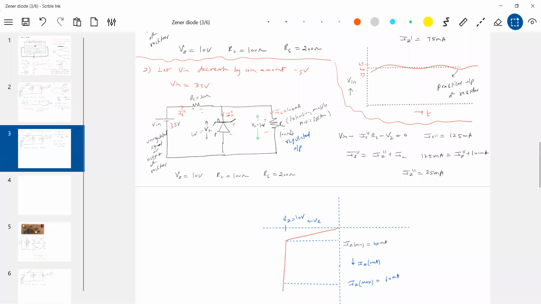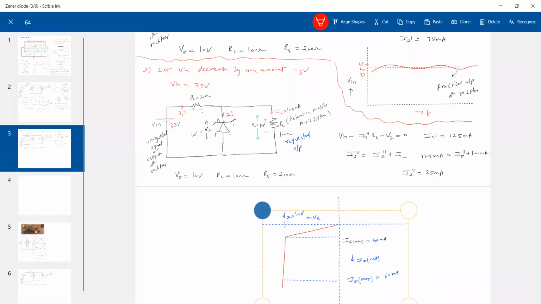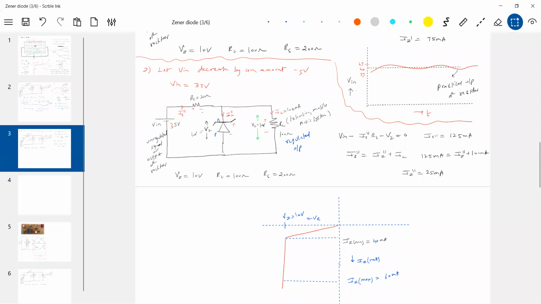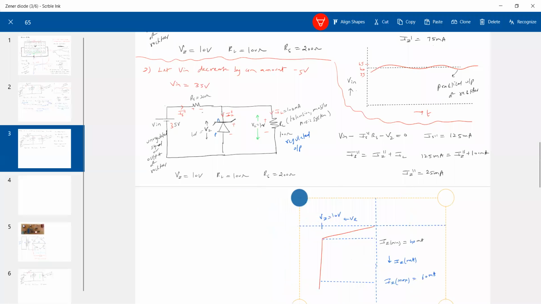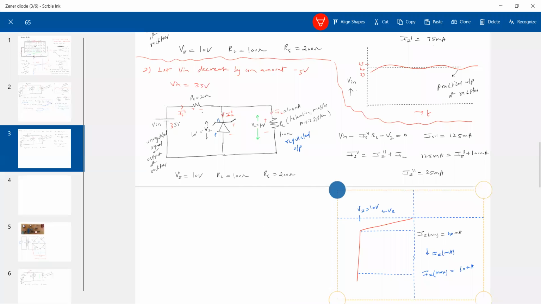I'll give both in parallel so that you'll come to know what this means. So what is the type of Zener diode? I think I should study the circuit here, no? What are the maximum and minimum values?